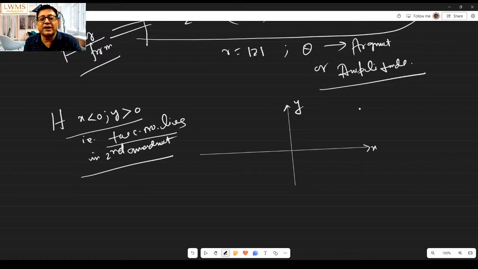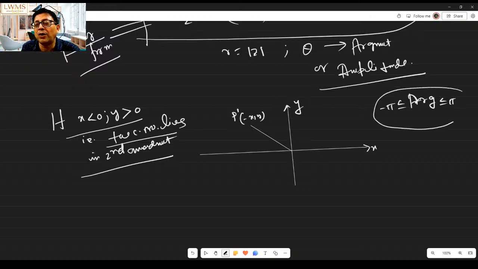Let us draw the diagram. This point P dash has coordinates minus x comma y. Remember one thing, the argument of a complex number will be greater than or equal to minus pi and less than or equal to pi. It will not exceed this interval. It has to be there.